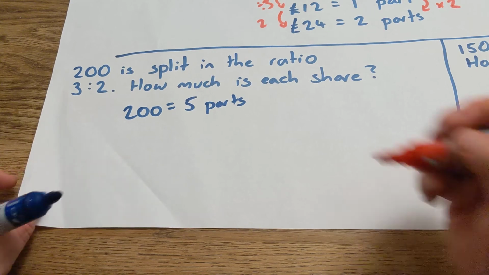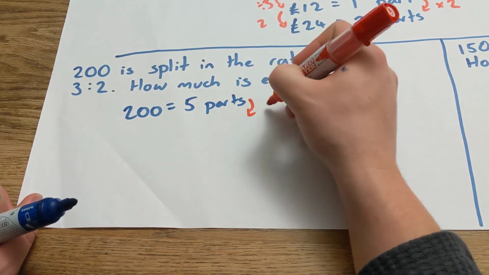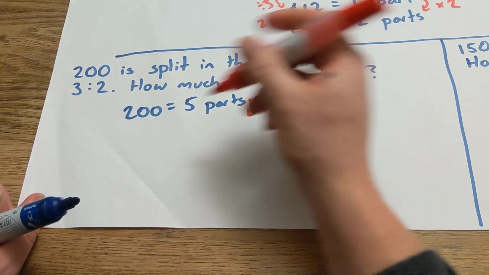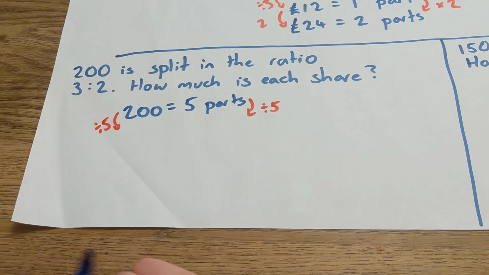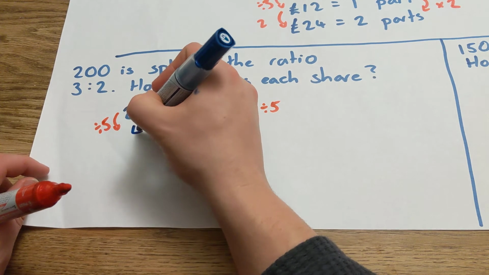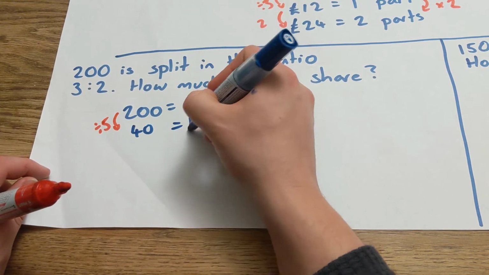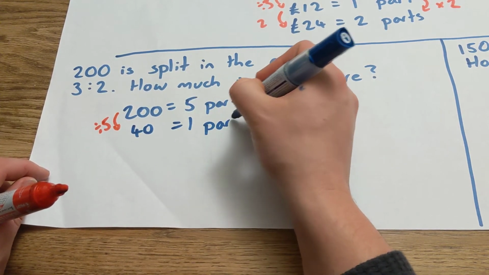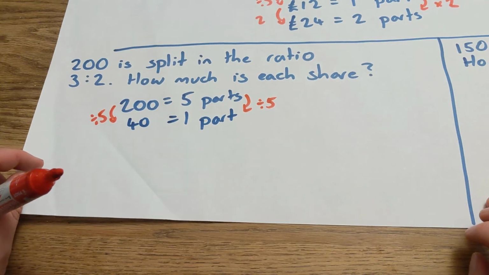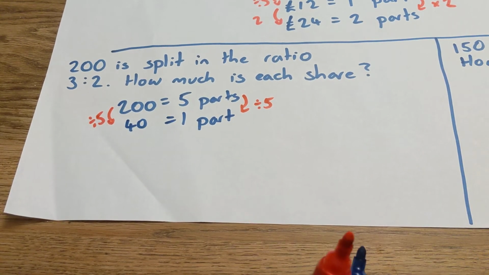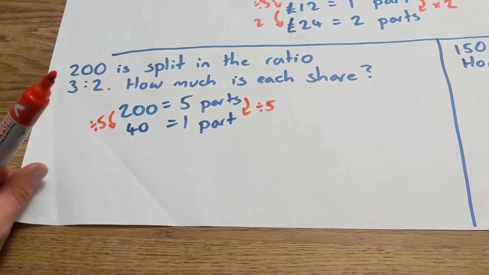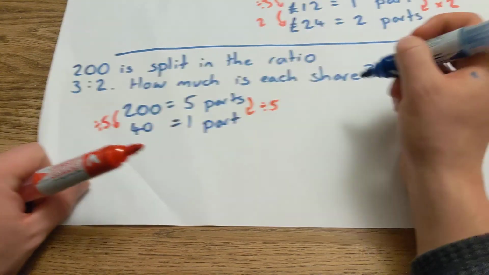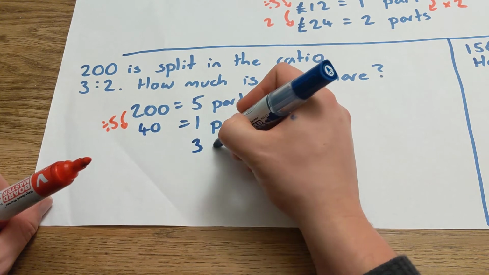To work out what 1 part is, what we do is divide by 5. If I divide 200 by 5, that gives me 40. So 40 equals 1 part. What I'm trying to figure out is 3 parts and 2 parts. Let's start with the 3 parts.